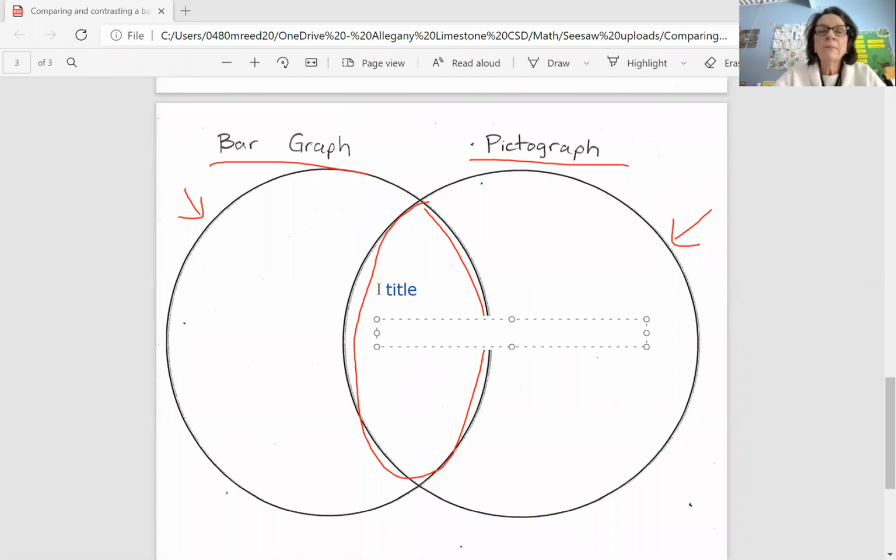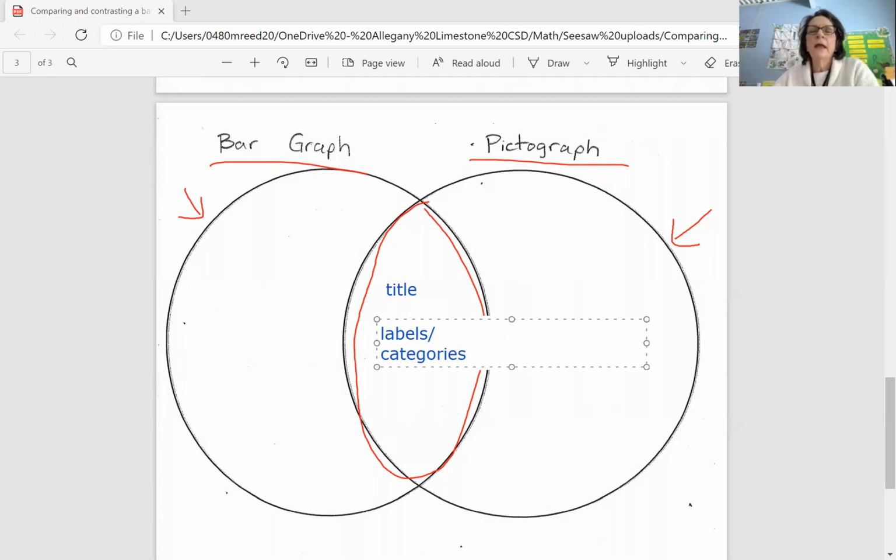The other thing we wrote down on both lists were the labels / categories. All right, and that's the two ways that they're similar. So both pictographs and bar graphs have a title to tell us what the graph is presenting, and they both have labels or categories.